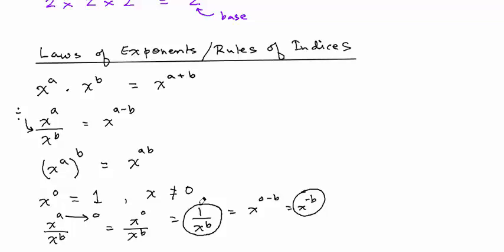Let's look at a couple of problems. Let's say we want to simplify 5 raised to the 4th times 5 raised to the 3rd. So this is going to be equal to 5 raised to the, same base, different exponents, multiplication, so the exponents are going to be added. 5 raised to the 4 plus 3, which is 5 raised to the 7, which essentially means 5 being multiplied with itself 7 number of times.